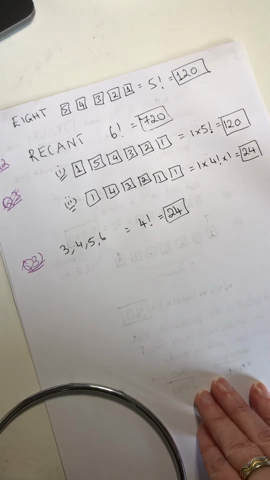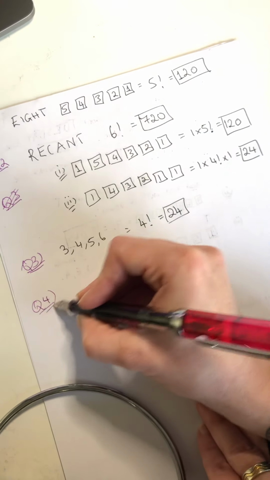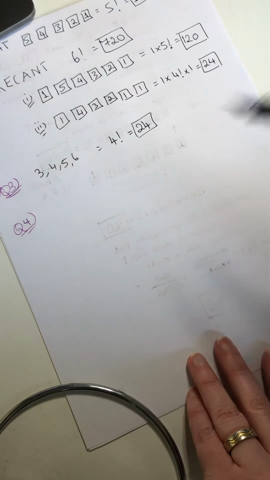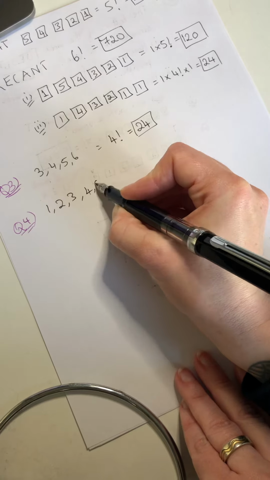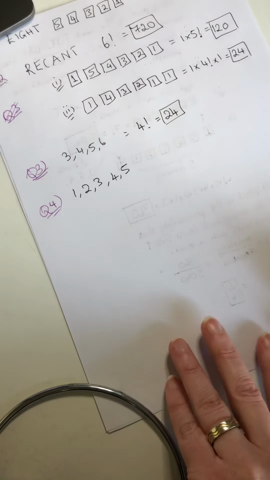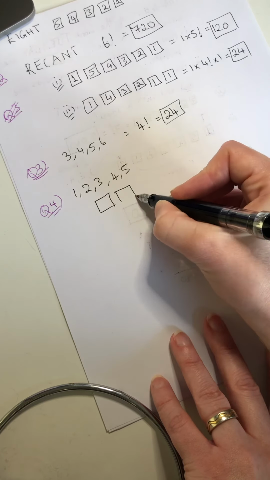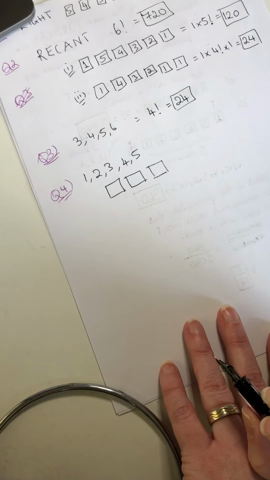Now, question 4. How many 3-digit numbers can be formed with the digits 1, 2, 3, 4, 5? Now things are getting a little bit more complicated. I need to use my pigeonholes. And I only have 3 pigeonholes because I'm forming 3-digit numbers.